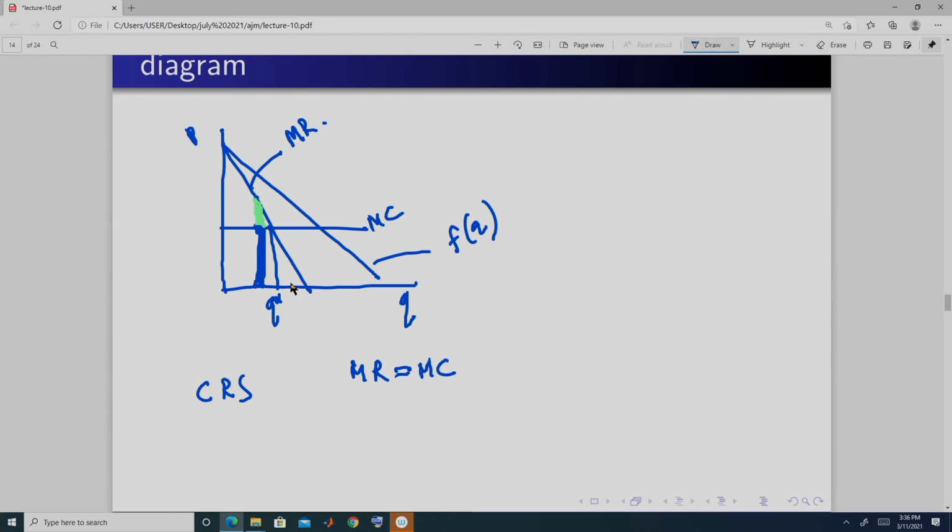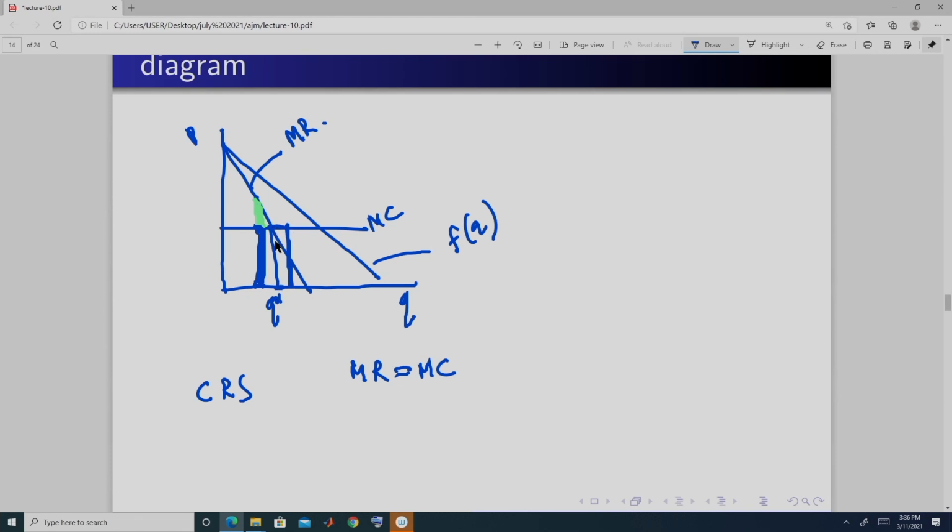But if it produces output more than Q star, here, then marginal cost is this and the marginal revenue is at this height. If it produces this much amount of output extra, then this is the additional cost, right? Because this much amount of output and this is the cost.